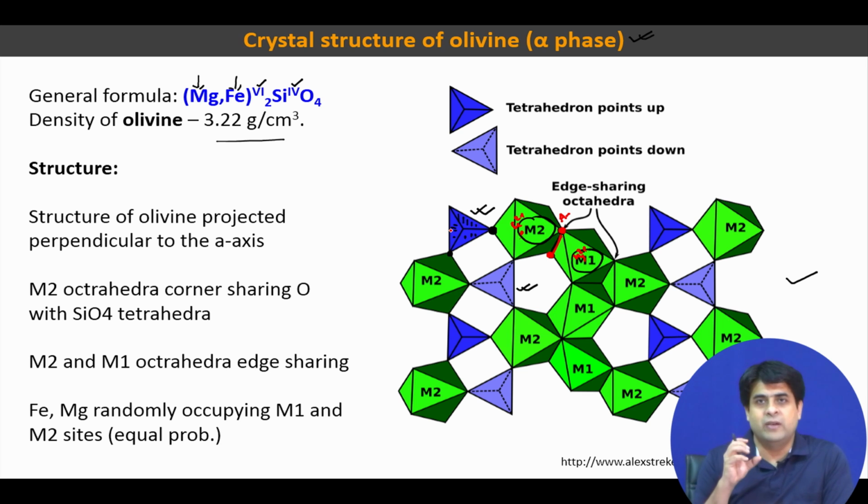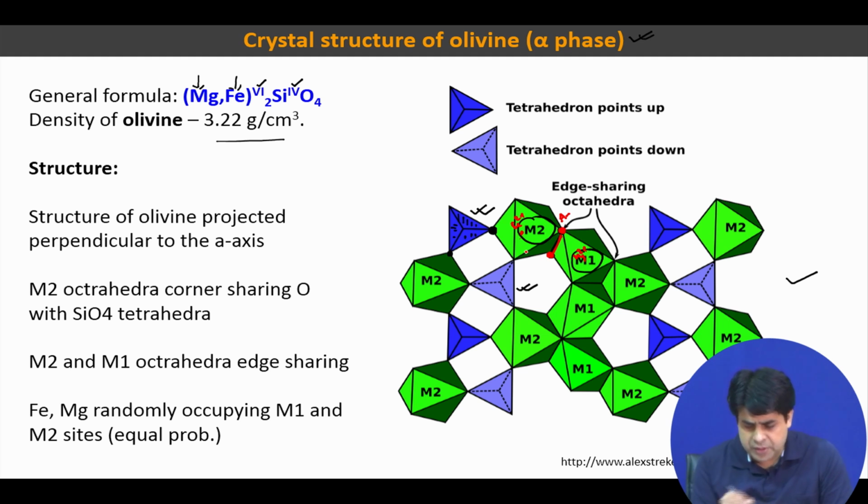In the tetrahedron you have silicon, which has a larger valency and charge; silicon is 4+. So the repulsion between these two atoms will be small, and because of that this kind of structure will be stable if they are sharing the edges.